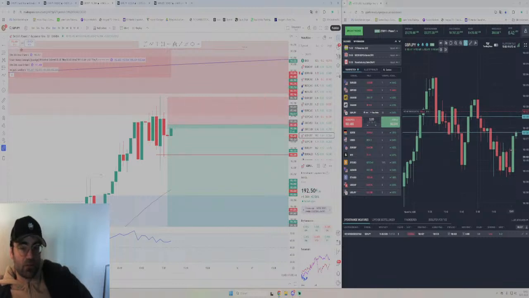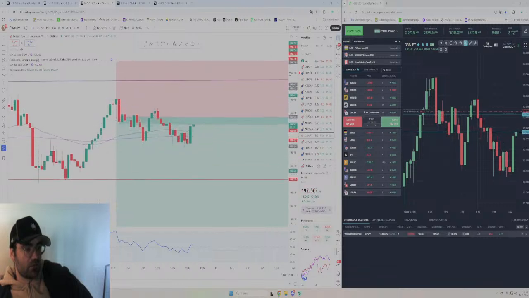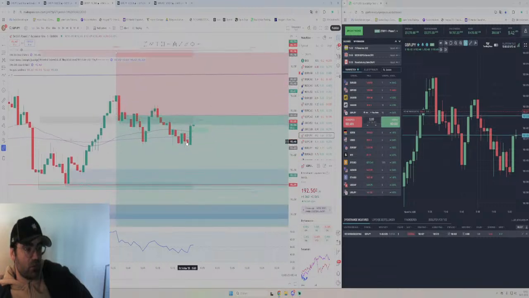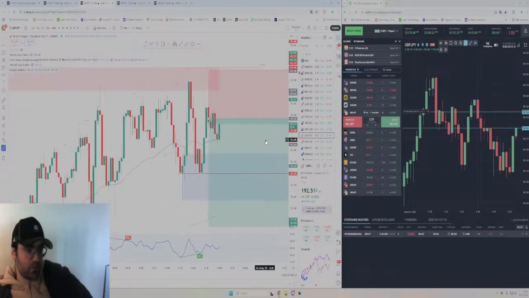This is a massive engulfing candlestick on the 1 minute. 1, 2, 3, 4, 5, 6. It engulfed 6 candlesticks before it. Respecting the 5-minute EMA.